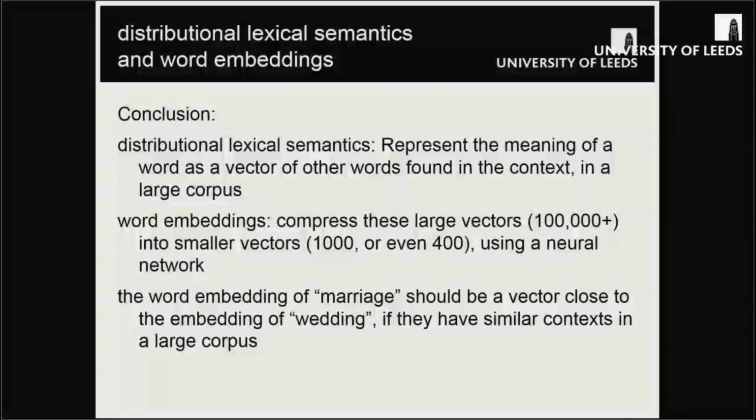In fact, even better than that, if you take the representation for king and add on the vector for woman, you get a vector which is very close to queen. So you can actually add together these vectors and get the vectors for other words which mean the combination of the meanings of the two words.